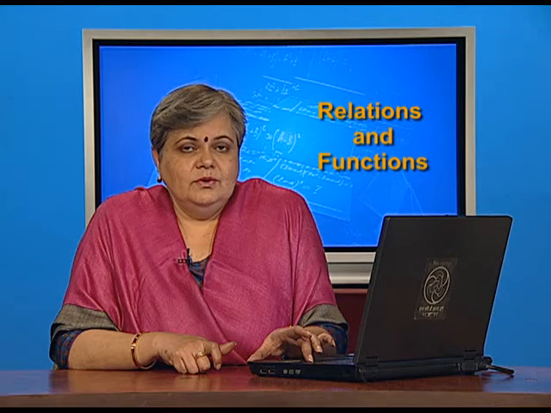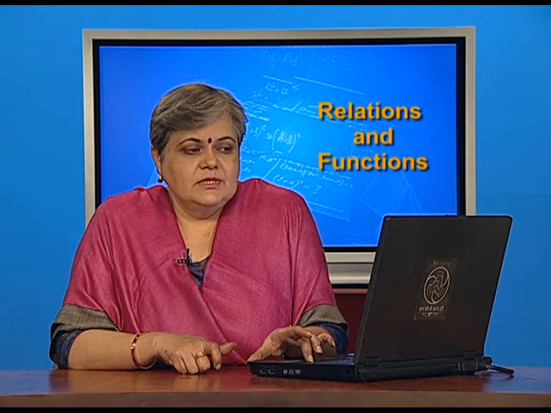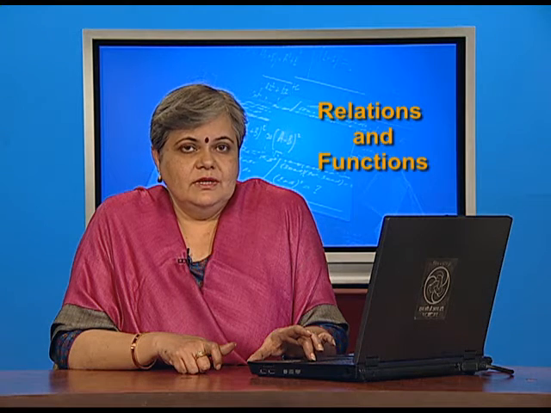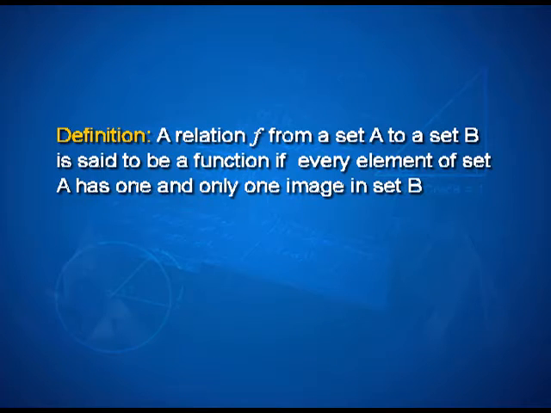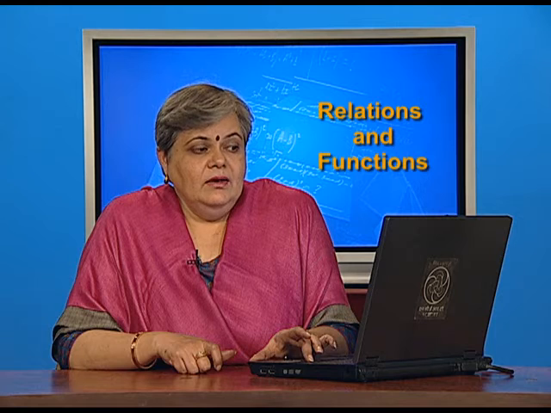And so, what do we mean and how do we define what a function is from set A to set B? Here is the definition. A relation F from a set A to a set B is said to be a function if every element of set A has one and only one image in set B. Now, the word that is highlighted here is every.